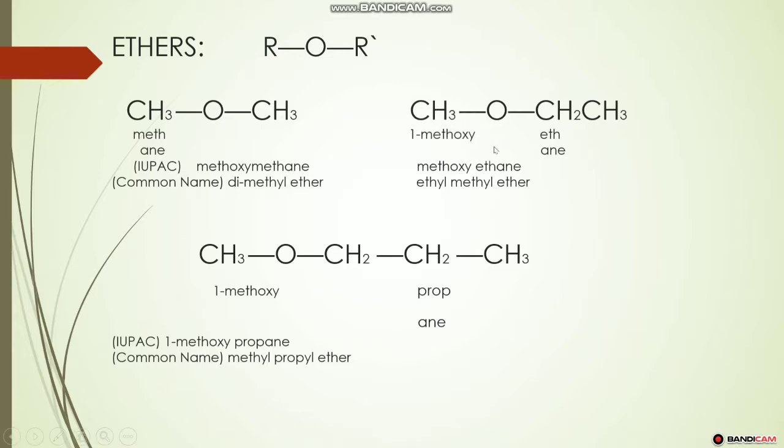For our second example, let's find the longest chain. It is here on the right side. We have 2 carbons, so its first name becomes eth. The last name will be ane, since again it has only a single bond.